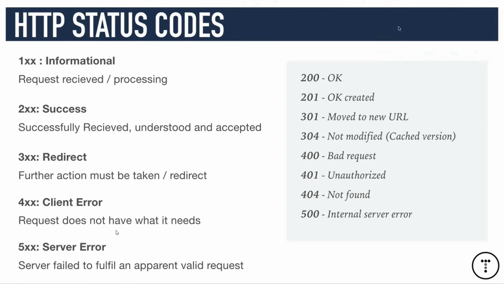And then the 500 range is usually a server error. Okay, so the server failed to fulfill an apparently valid request. So everything seems okay as far as what you sent to the server, but you still get an error, something's wrong on the server side.